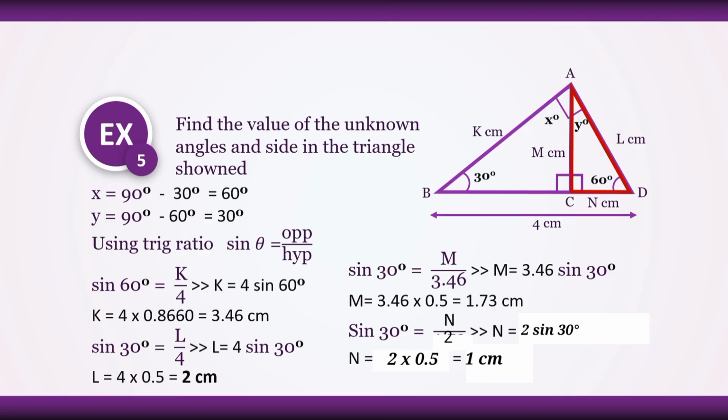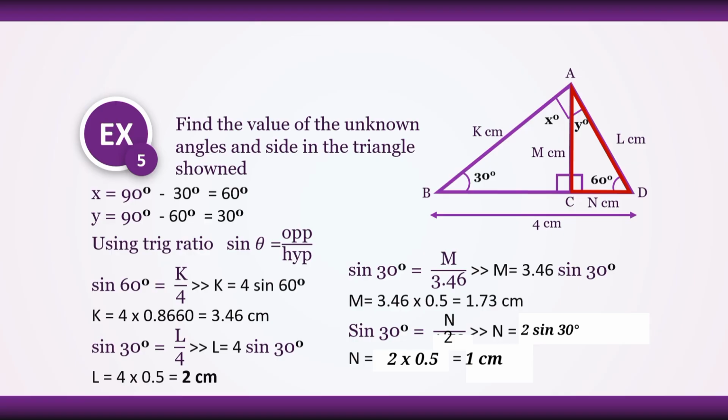In solving a question using trig ratio, observe your triangle, choose an angle, name the sides, choose the correct trig ratio that's aligned with the side that you want to find. Then you solve your question. Now, when are you going to use trig ratio?